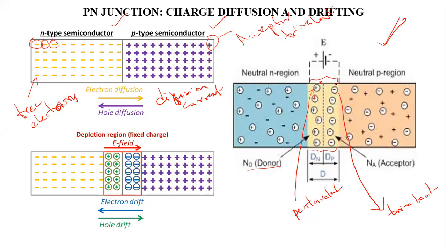The reason we call it a depletion region is that in this region we do not have any free electrons or holes. It is depleted of free electrons and holes, so we call it the depletion region. But it has positive ions which are stationary in the crystal matrix, the silicon matrix.